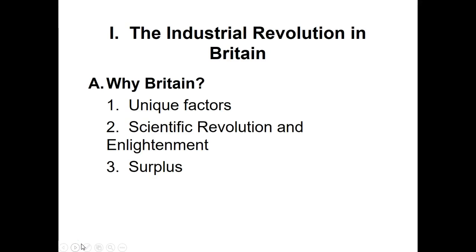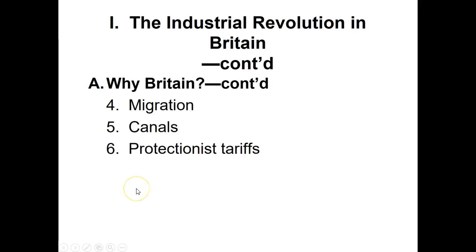Coal, a centralized government, financial systems, culture, craftsmen, a strong government, infrastructure like canals, a large labor force as a result of really enclosure and the agricultural revolution, the scientific revolution, the Enlightenment. All of these are reasons why the Industrial Revolution begins in England. And that's an important thing to remember, is that the Industrial Revolution begins in England, and then it will spread.